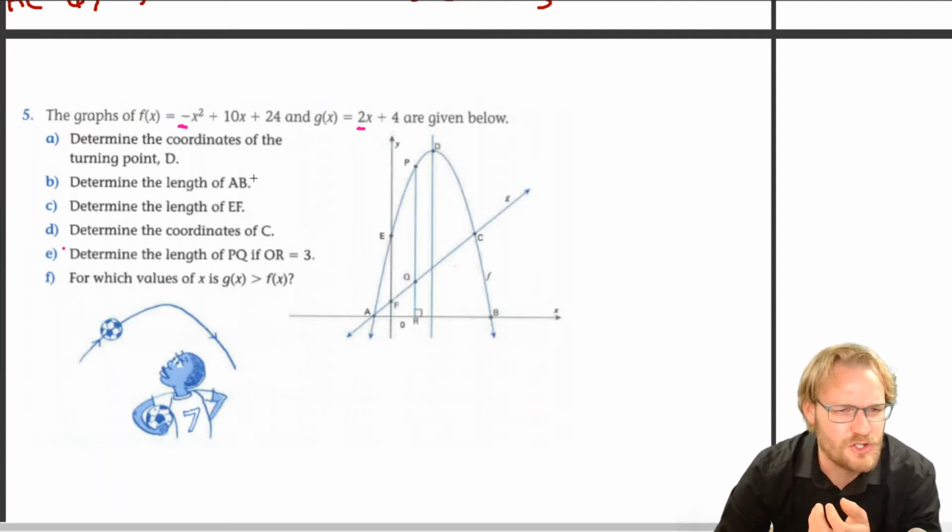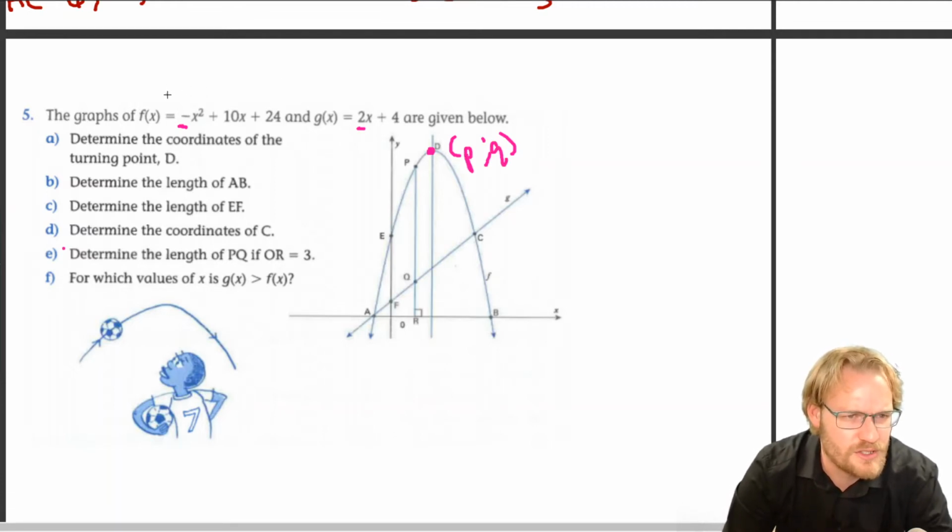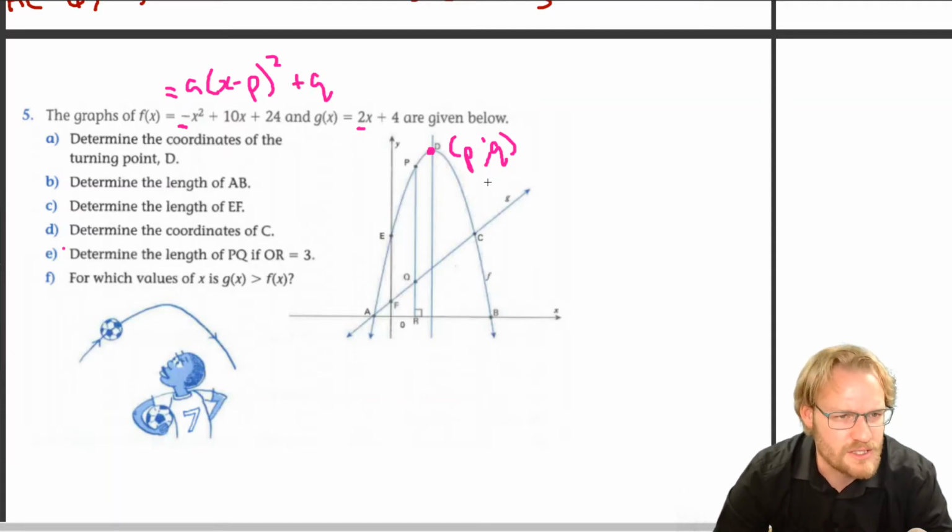Determine the coordinates of the turning point D. Okay, so how do we find out what the turning point of a parabola is? Well, we know that that's going to be PQ. So if we can turn this into turning point form, x minus p squared plus q, we've got our answer. And hopefully we know how we're going to change that into turning point form.